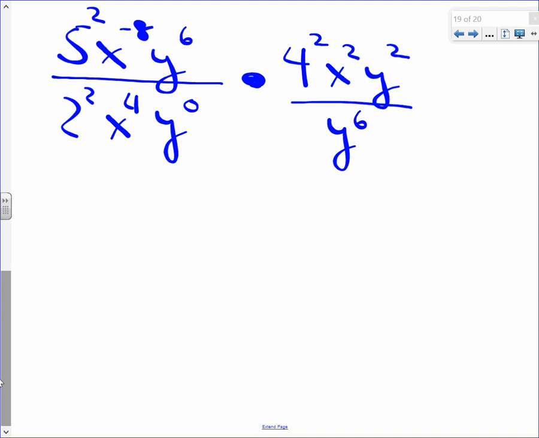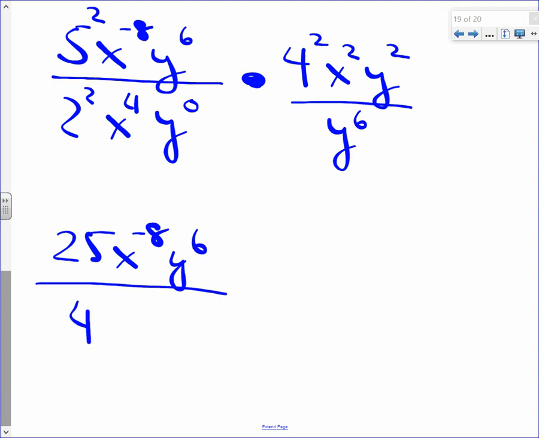So right now what I'm going to do is go numerator times numerator, and then denominator times denominator. But before I do that, let's take 5 to the second power all the way. So 5 times 5 is 25. So let me rewrite the numerator as 25 x to the negative 8, y to the 6th, all over 2 to the second power is 4, x to the 4th, y to the 0 power is what? 1.